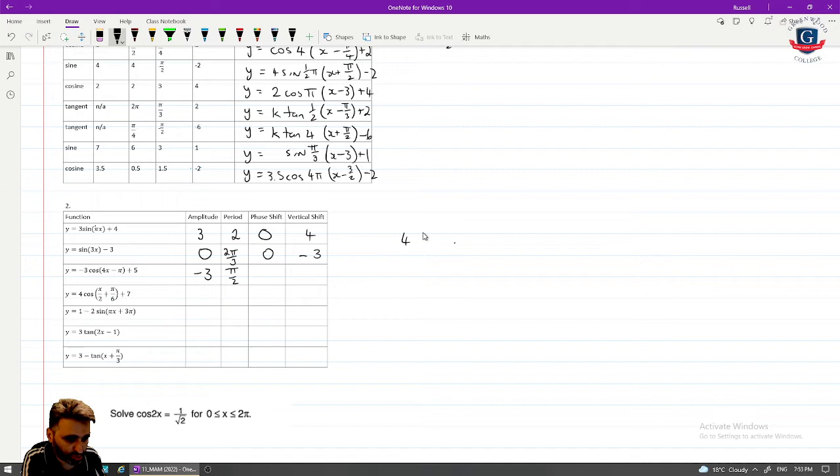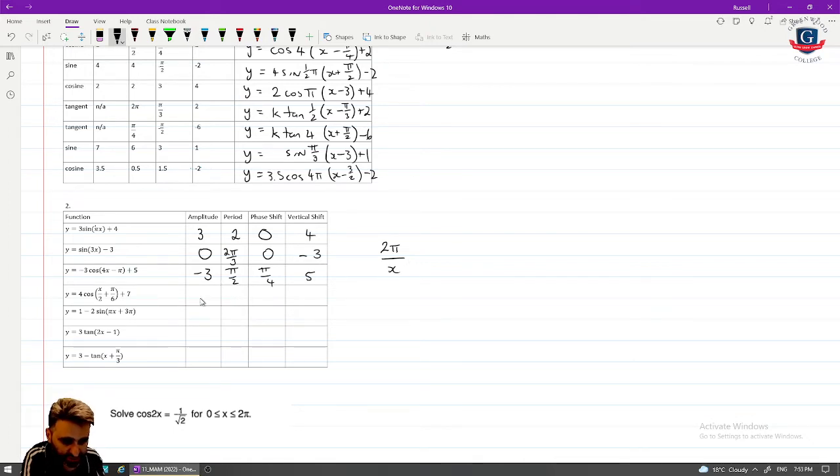So 4x minus pi, that's not right. 4x minus pi is equal to 4x minus pi on 4. So this is going to be pi on 4, and that's going to be 5. Much better. Okay, let's go back to our period problems.